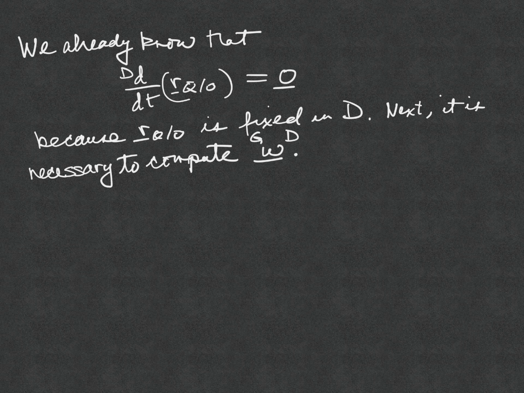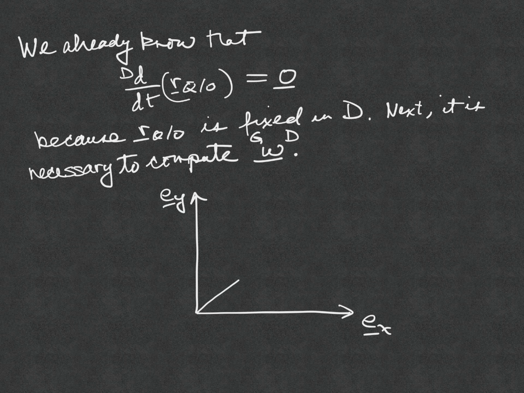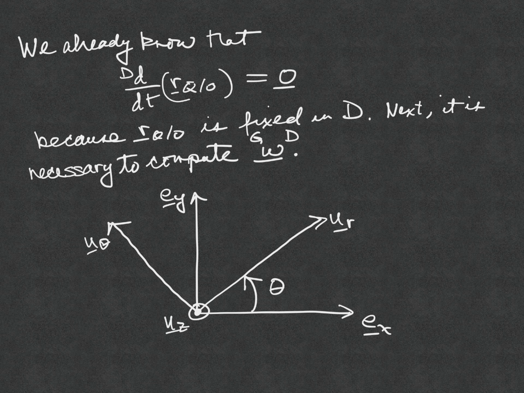Now, let's go back to the diagram. So the diagram, now we can add to this diagram that basis UR, U theta, UZ. So there's UR, there's U theta, and then here's UZ. This angle is theta. Now, let's be really clear about this.